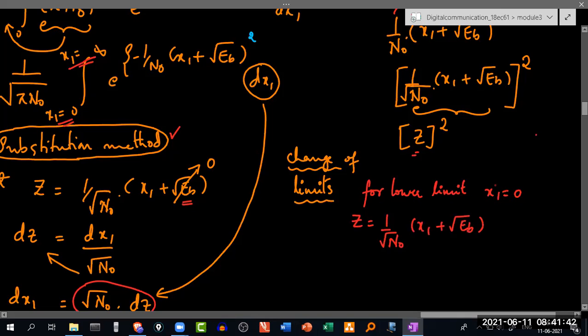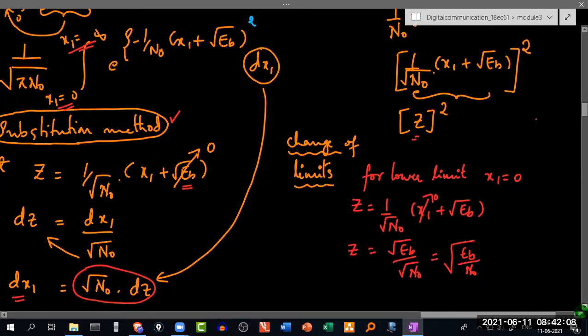So back in this expression, if I substitute x1 as equal to 0, z takes on the value square root of EB by square root of n naught, or in turn I can combine both the square roots and have it as square root of EB by n naught. So this is our changed lower limit.